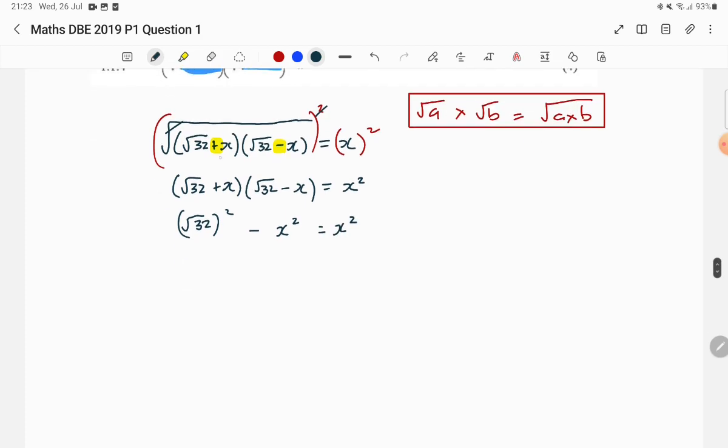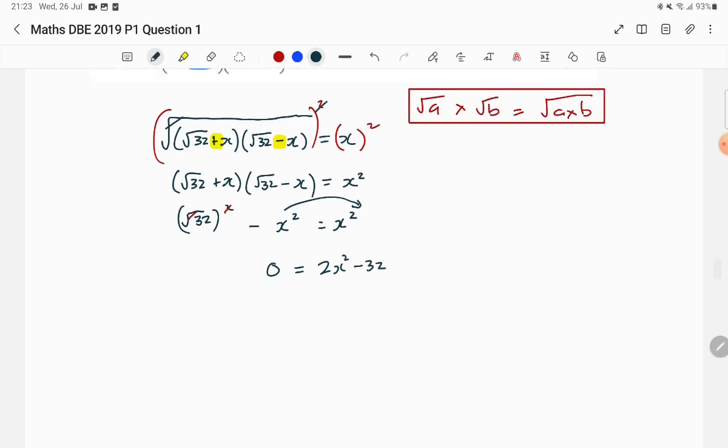Once you foil that out, we need to sort out our like terms. Let's get everything onto the right hand side. So this would be x squared plus the x squared, that would be 2x squared. Once we take this over, it becomes positive, and root 32 and the square cancels out, so that's just 32, and we can take 32 onto the right hand side, so it will be minus 32 to 2x squared.